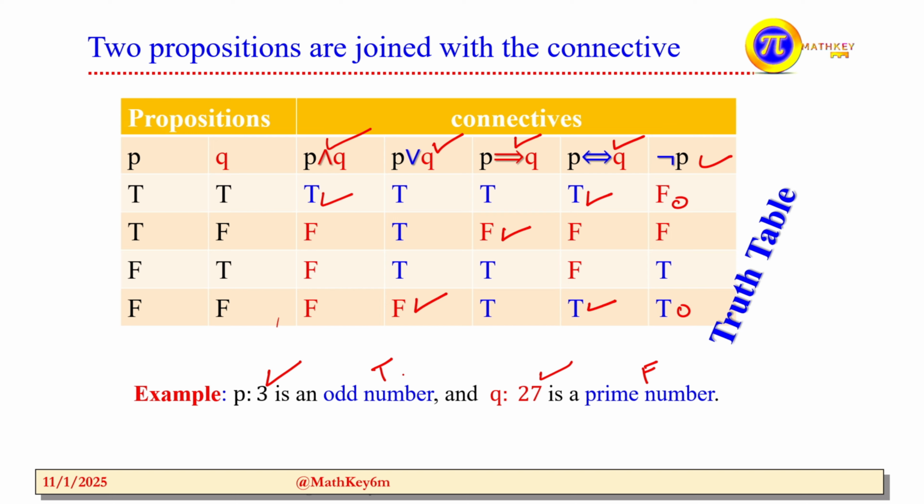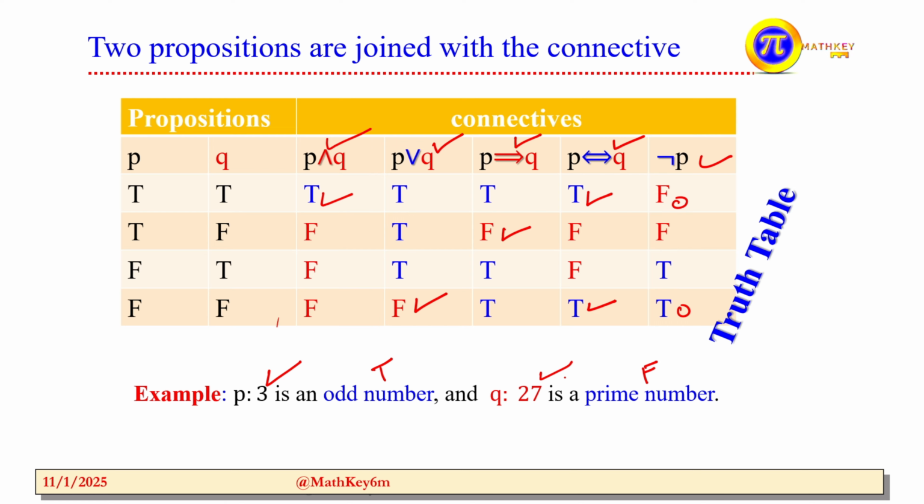If 3 is an odd number, then 27 is a prime number, it says. Yes, the first one is true, the second one is false, so true implies false is false. When combined by implication, it is false. Negation of P: P is true, so negation is false.